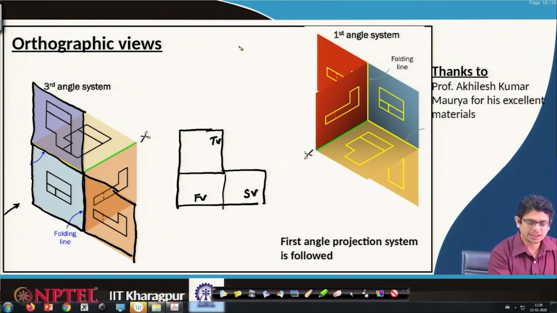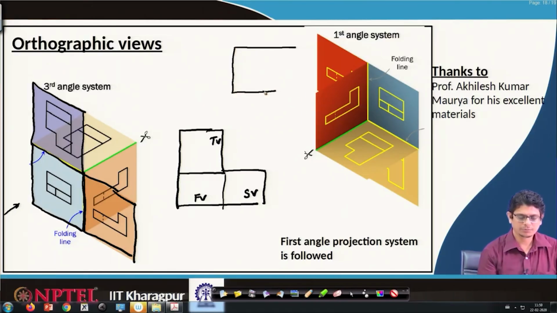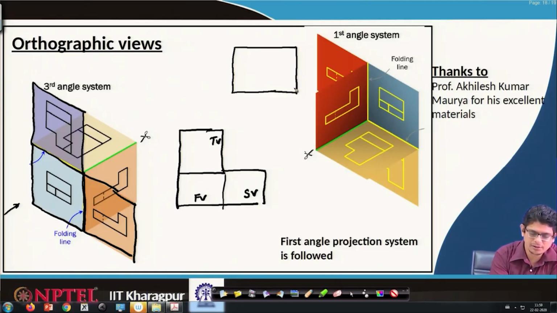In the earlier case, in the first angle projection system, this is the way we obtain these projections.